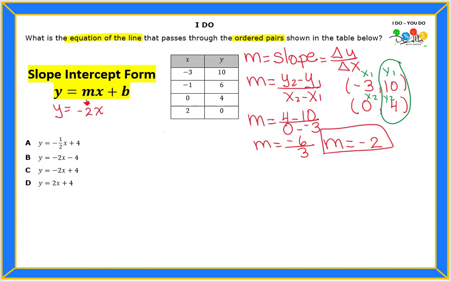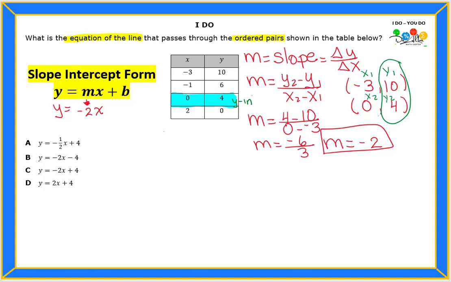Number one is that the y-intercept is the location where the line crosses the y-axis, which means that the x coordinate has to be 0. Which is right here. So if the x is 0, then the 4 is my y-intercept.